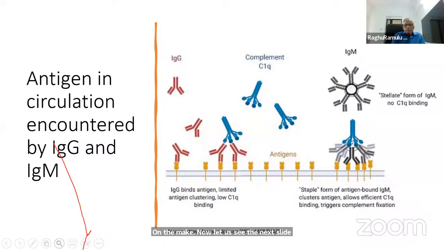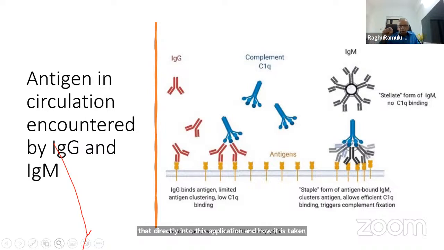Third is in case of blood infectious organisms, where the antigen circulation is encountered by IgG or IgM. Usually in the blood circulation, whenever a mosquito bites, let us take some examples because that gives you confidence or strength in order to explain to a student how antigens enter directly into the circulation and how it is taken care of by means of IgG.